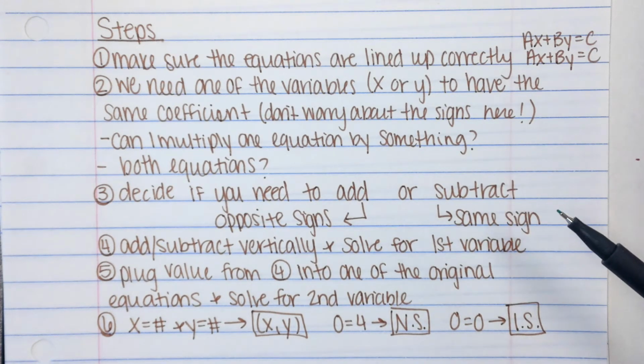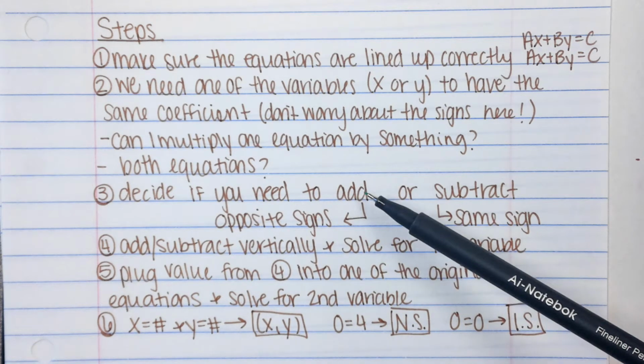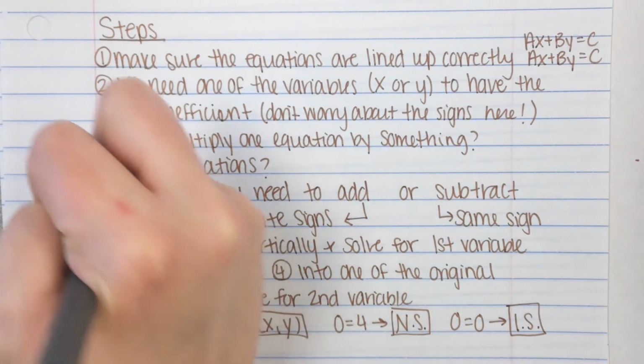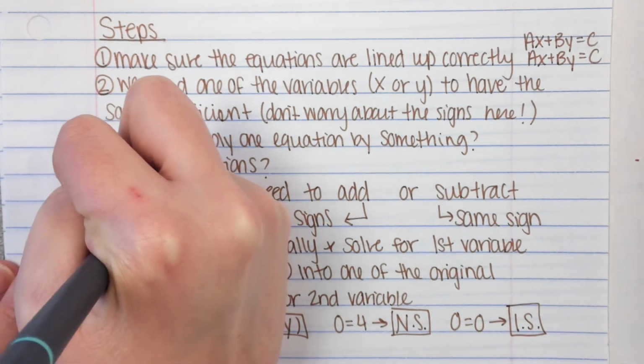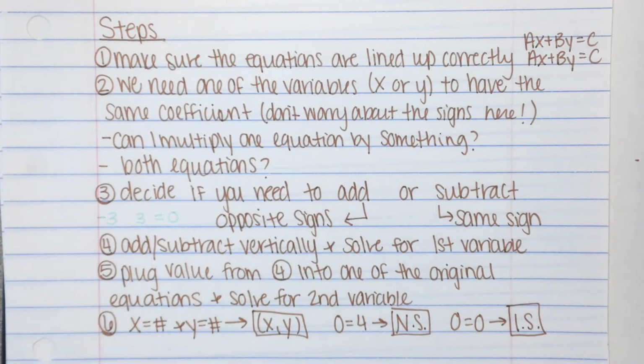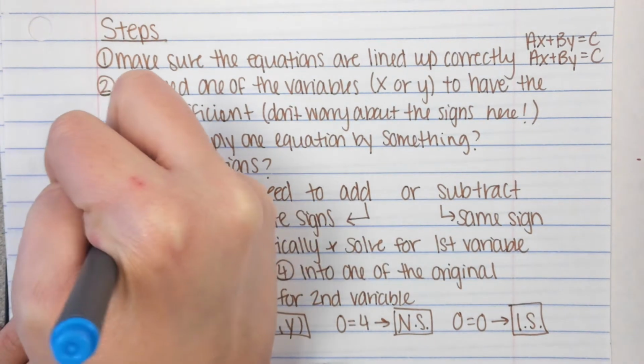Step number 3, decide if you need to add or subtract. So we add when we have opposite signs. So for example, if I was to give you negative 3 and 3 equals 0. Well, and that's very hard to see. Let me get a different color. That's a little bit easier.